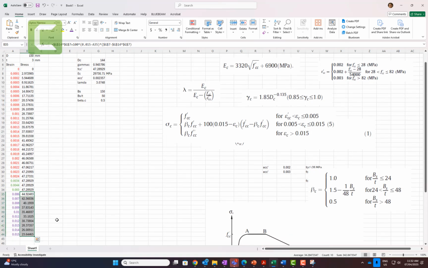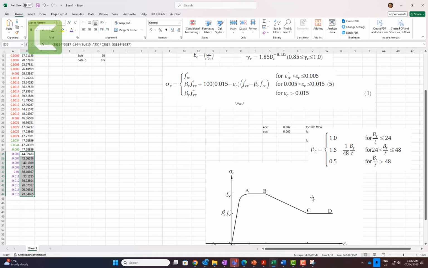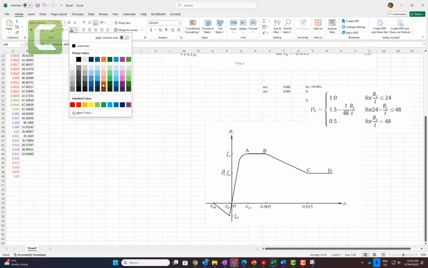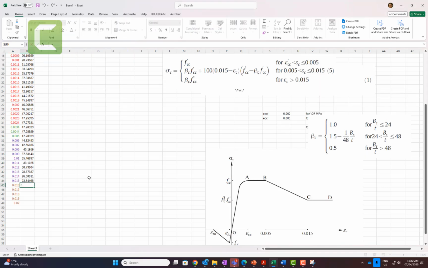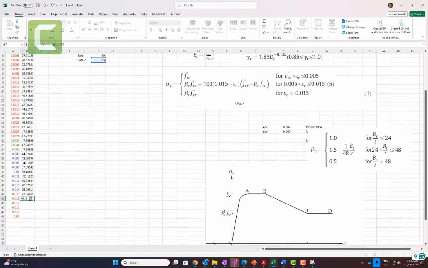So there you go, from A to B, and for C to D there are no limits, but I think we can just extend this a bit up to 0.02, and then make it a different color. So we have different zones that we can identify, and that would be beta_c multiplied by fcc', and both need to be locked, F4 and F4.